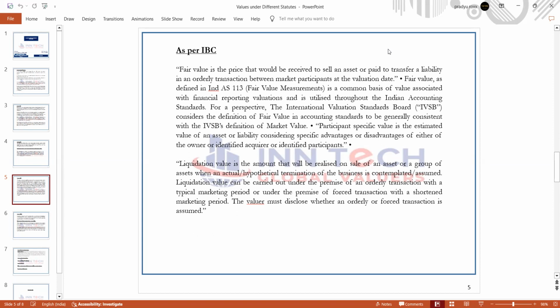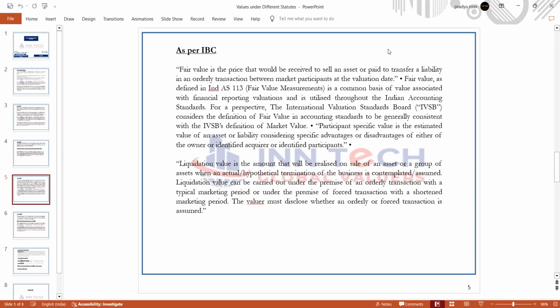So we have to give both conditions. As I've told you, orderly liquidation means there is a time frame to sell the property. And if it is a forced transaction, that also has to be given in the report. So the liquidation value will be very elaborate, giving both values, if the assets are sold in an orderly liquidation and in a forced transaction.